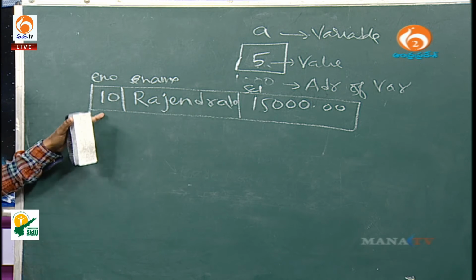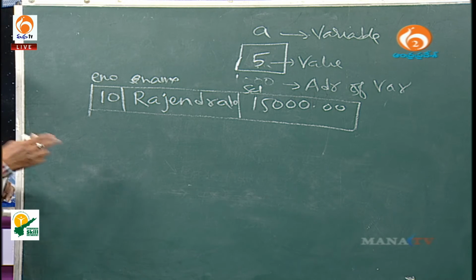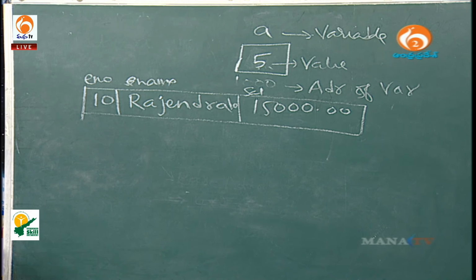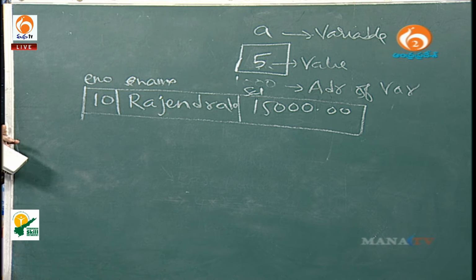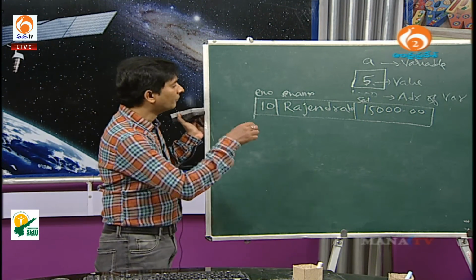In the same array I cannot store different data types. If you want to store different kinds of data types, we need to go for structures or unions. That is the meaning of homogeneous collection of elements of the same data type.